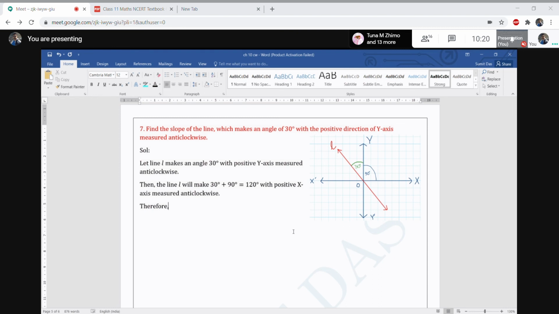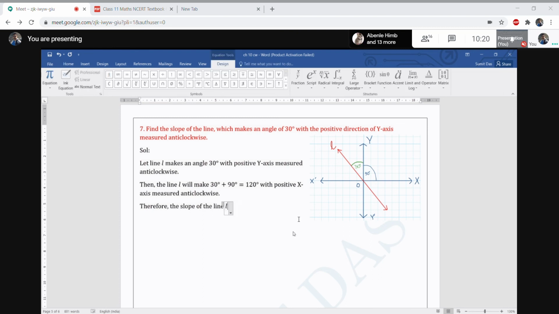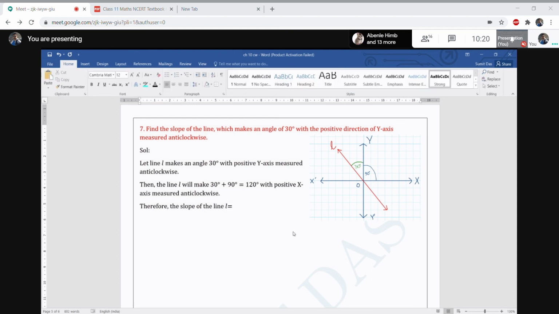Therefore, the slope of line L is equal to tan 120 degrees.